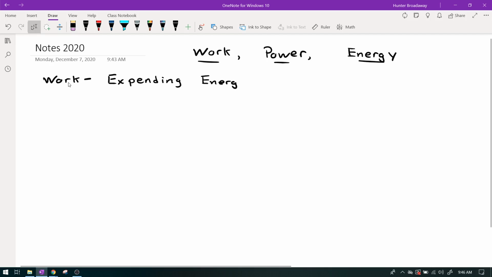What do we normally expend energy to do? Literally everything. Okay, what is an example of doing work? Breathing. Lifting furniture, moving stuff, absolutely.